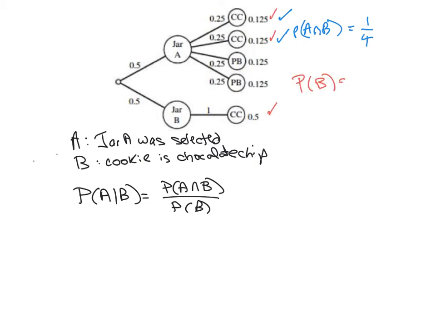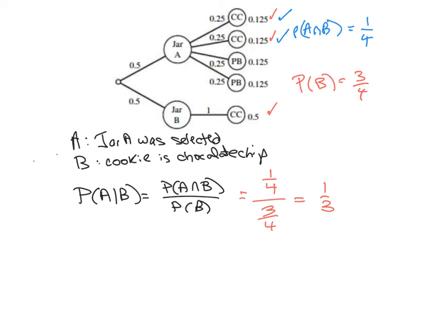In red, I've checked the 3 items that wind up being event B, that the chocolate chip cookie was selected, and the total probability of those is 1/8 plus 1/8 plus 1/2, or 1/4 plus 1/2, or 3/4. Therefore, the probability that jar A was selected, given that a cookie was a chocolate chip cookie, is 1/4 over 3/4, or 1/3.